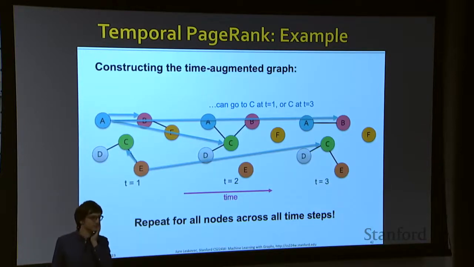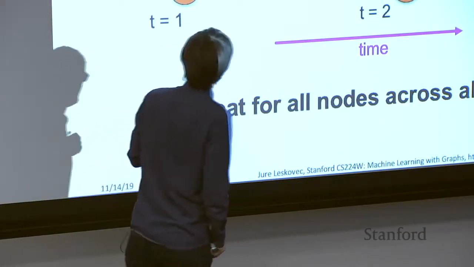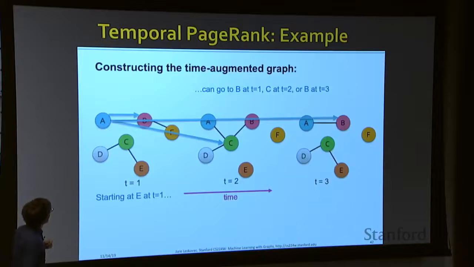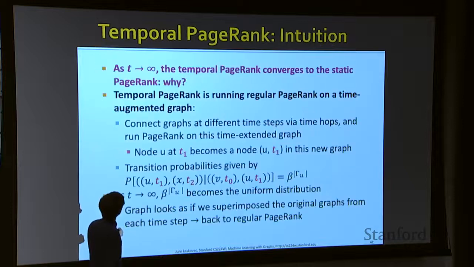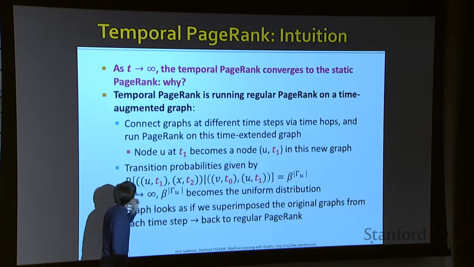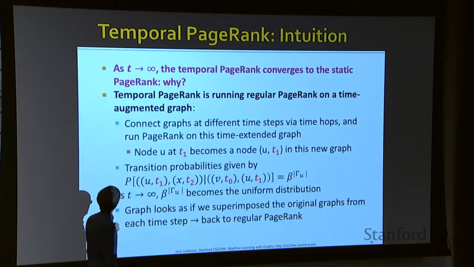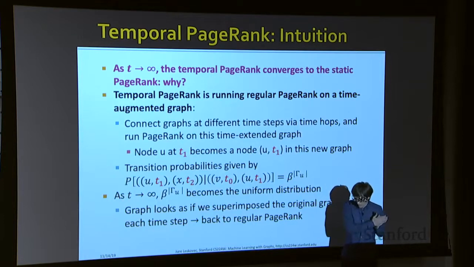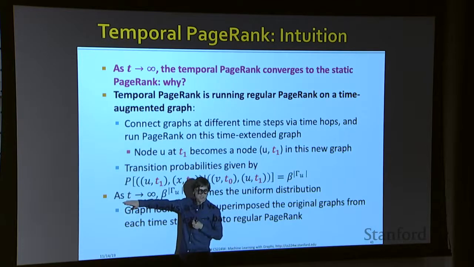As t tends to infinity, how does it converge to a static page? Yes. Where did you see the claim? Let's see. This claim. What this claim is trying to say, as you unroll the time, the assumption here is that edges are arriving, but edges are never leaving.